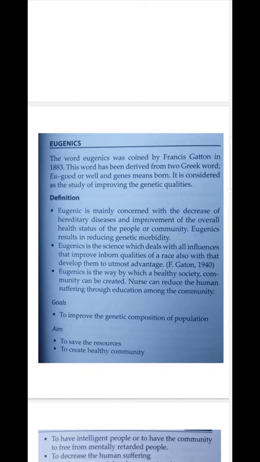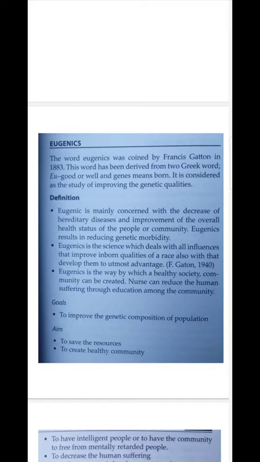So, what is the definition? Eugenics is mainly concerned with the decrease of hereditary disease and improvement of the overall health status of the people or community. So, it deals with the decrease of hereditary diseases, which are inherited from the ancestors, and how you can improve the overall health status of a people or a community.